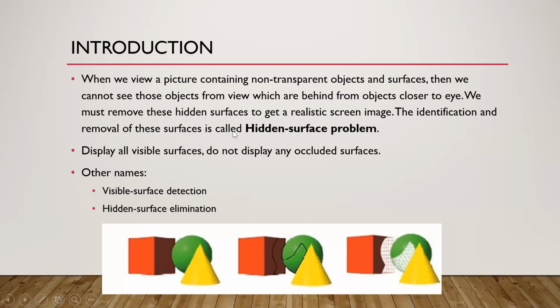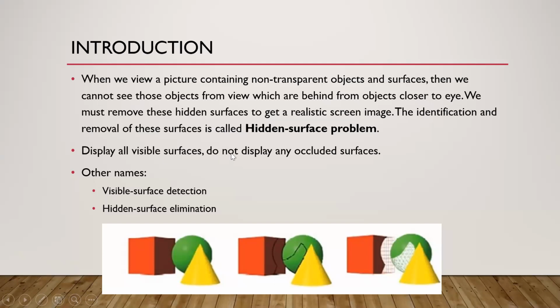So if you don't find out such kind of surfaces and you tend to draw all the surfaces available in the projection plane, the image is not going to look realistic. So for that purpose, we are going to find out surfaces which are coming behind the object under reference, and only paint or shade the surfaces which are directly in the projection line of sight. So that is the overall view of the hidden surface problem.